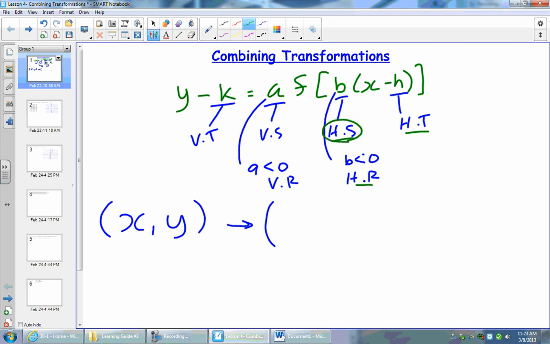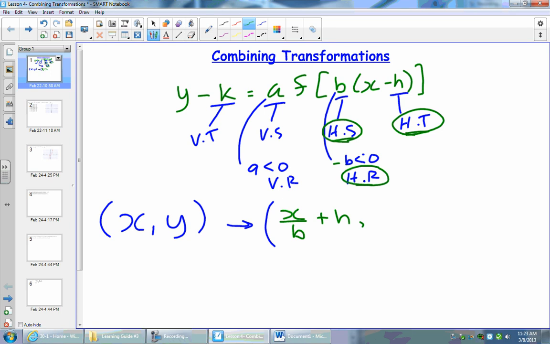What happened to your x values when you applied a horizontal stretch? Well, you divided all your x values by whatever the b value was. And then, of course, if your b value was less than 0, we had a horizontal reflection. But what do we have to do to apply the horizontal translation? Well, we added our h value, so that caused our x-coordinates to move left or right. So that is what happens to our x-coordinates under a combination of transformations.